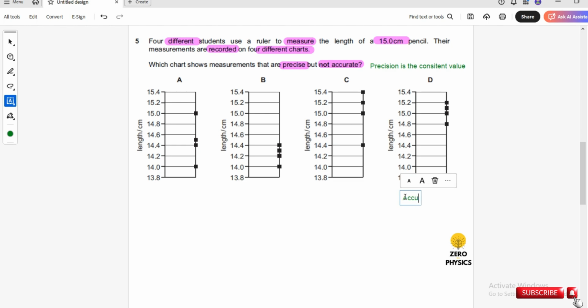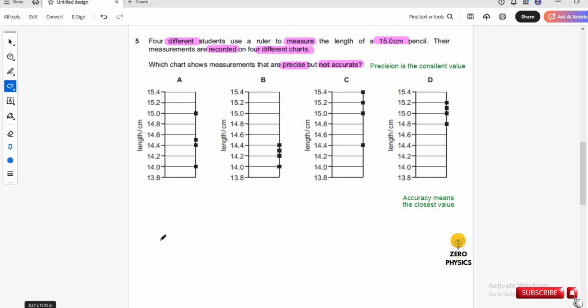Accuracy means the closest value you can ever have, or the closest possible value. These are the two definitions of accuracy and precision, right? So precision means consistent value, and accuracy means closest value.